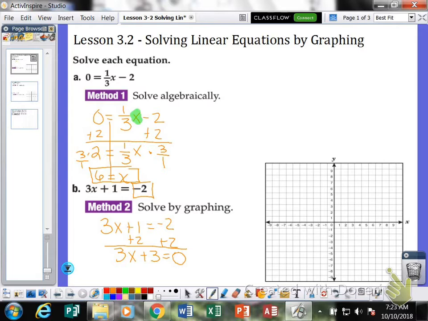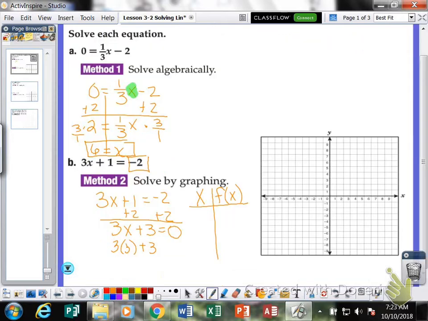Now I have to come up with a table that says, if I replace x with something, what is the value of my function? I can pick any number, let's say 3. What I would be doing then is 3 times 3 plus 3.